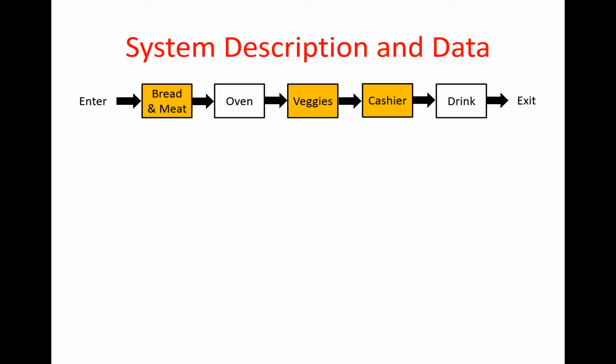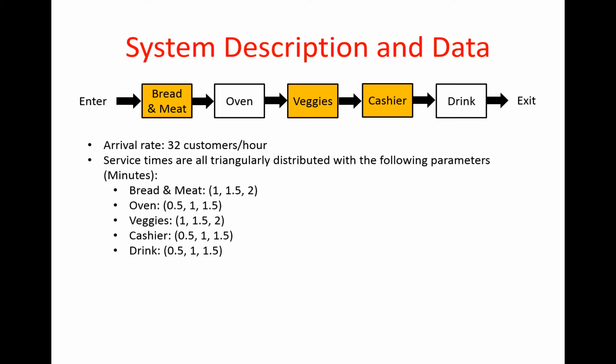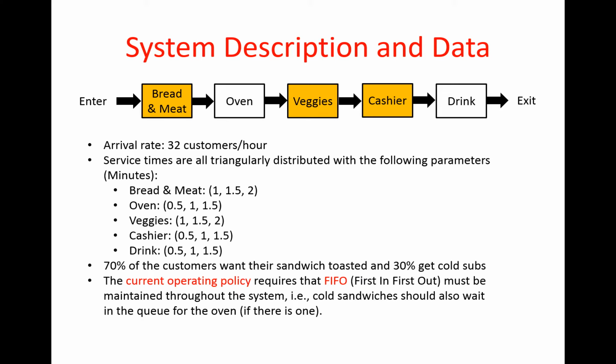The description of the system is the same as before. We have an arrival rate of 32 customers per hour, and you can see the service times here. 70% of the customers get their sandwich toasted, and 30% get cold sandwiches. Under the current policy, we need to maintain FIFO throughout the system.